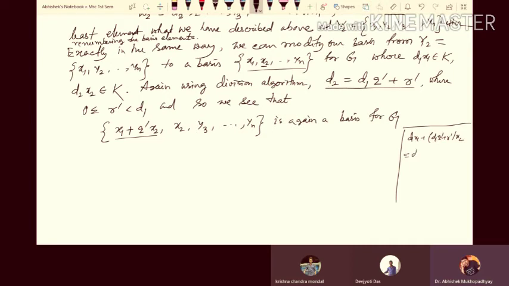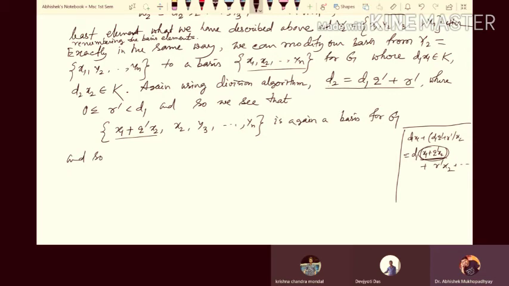So if we take d1 common, it will have x1 plus q dash x2, plus r dash x2 and so on. So this basis element can be replaced by x1 plus q dash x2. So this is again a basis for G.